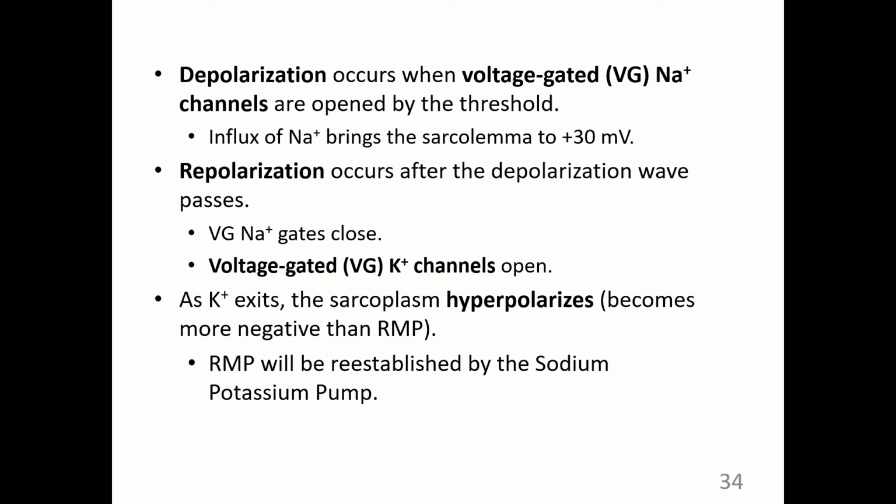Voltage-gated sodium channels close, and voltage-gated potassium channels open. As potassium ions exit, the sarcoplasm hyperpolarizes, or becomes more negative than the resting membrane potential. The resting membrane potential will be reestablished by the sodium-potassium pump.